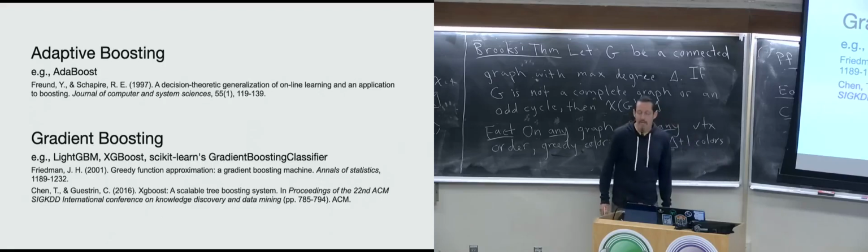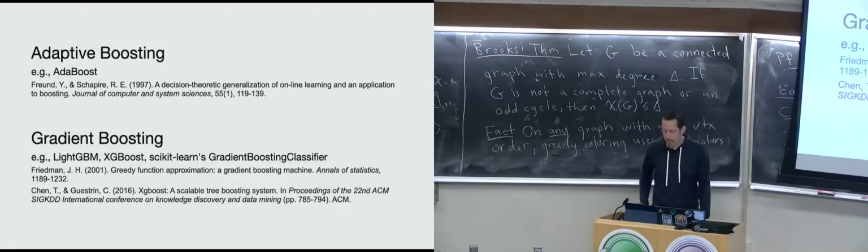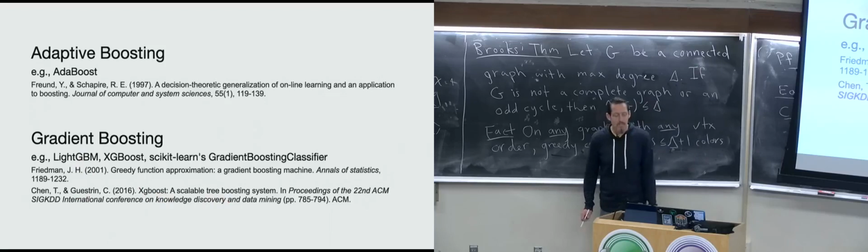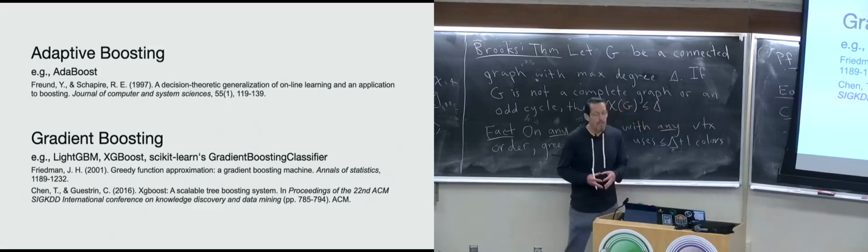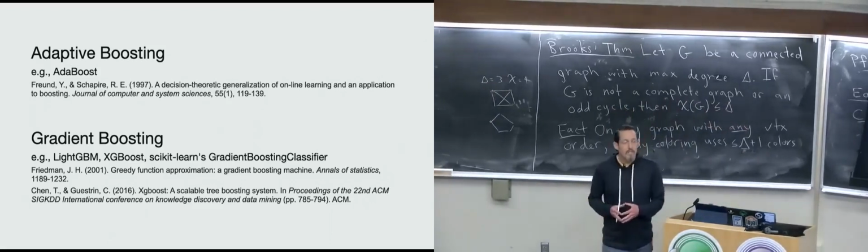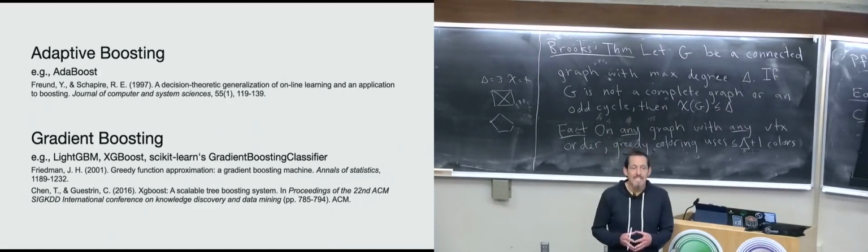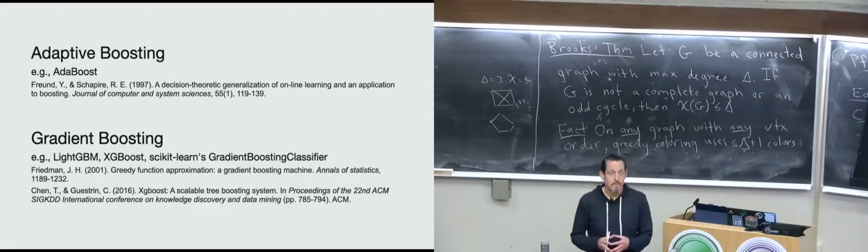So the original AdaBoost or adaptive boosting technique is from back in '97, but it's gradient boosting that's the cutting edge, right? It's gradient boosting, especially as implemented in highly computationally efficient versions, that started to win Kaggle prizes. Just to be clear, gradient boosting is really good at tabular data, okay?